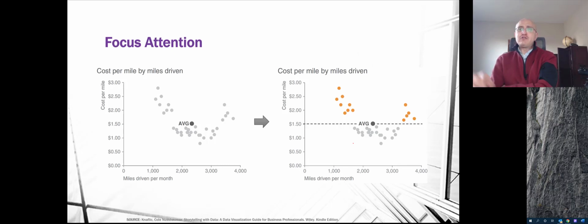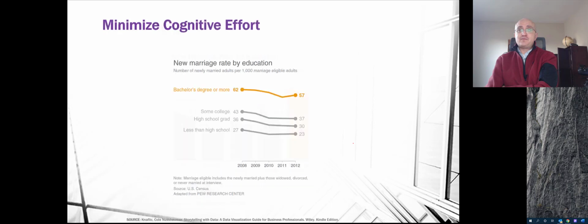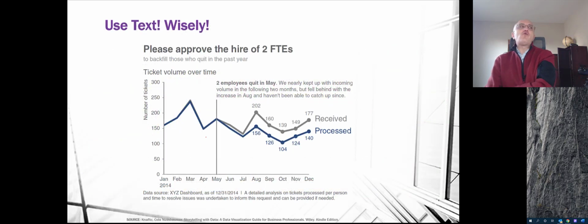There are videos that show you how to do it. Even here, we're inducing a comparison, right? We're emphasizing this gap between those with bachelor's degrees or more education and those without. It allows us to make conclusions that we wouldn't otherwise make.